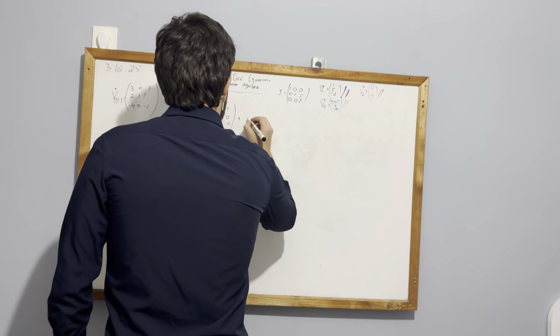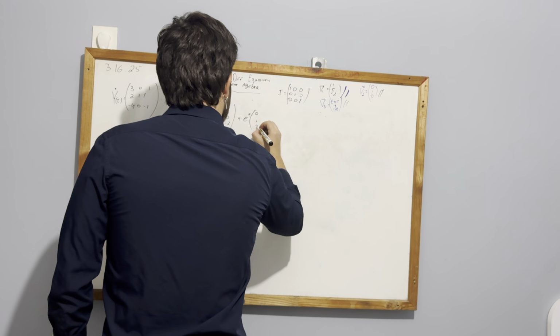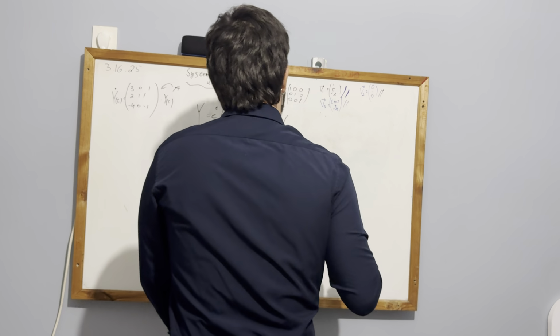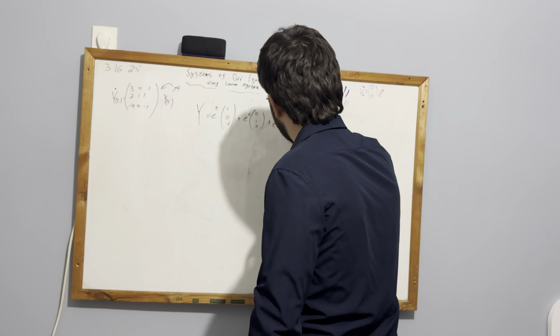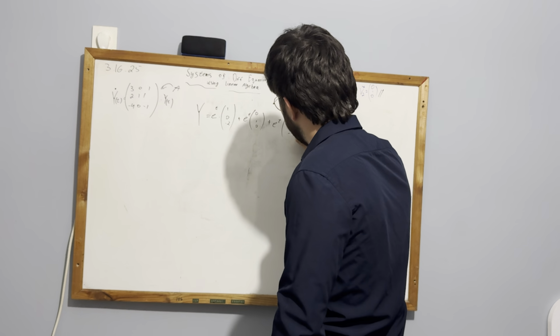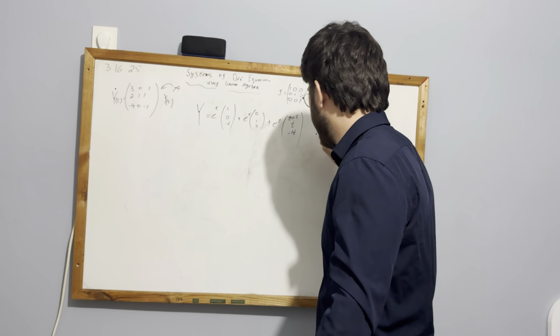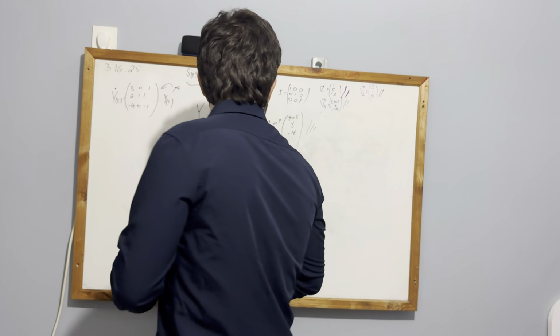Second vector, e to the t, 0, 1, 0. Third vector, ooh, this one's good. t plus a half, t, negative 2t.